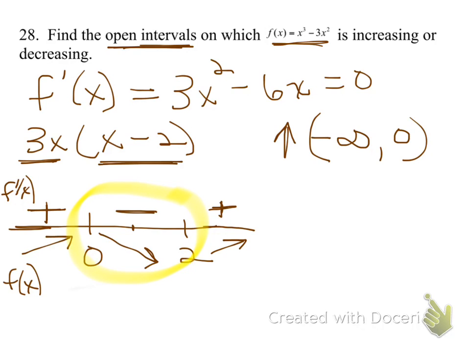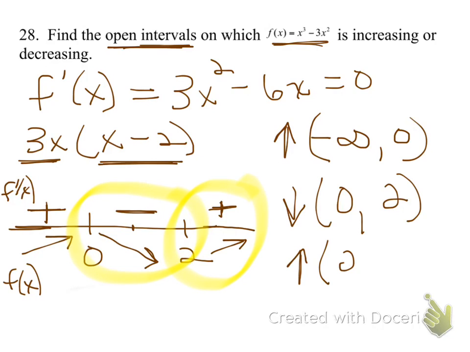So it is decreasing from 0 to 2, and then my function is going to go back to increasing in this window. So it's increasing again from 2 to infinity. And that's how I can use a sign chart to analyze where my function is increasing and decreasing without ever having to graph it. Okay, let's go on to question 29.